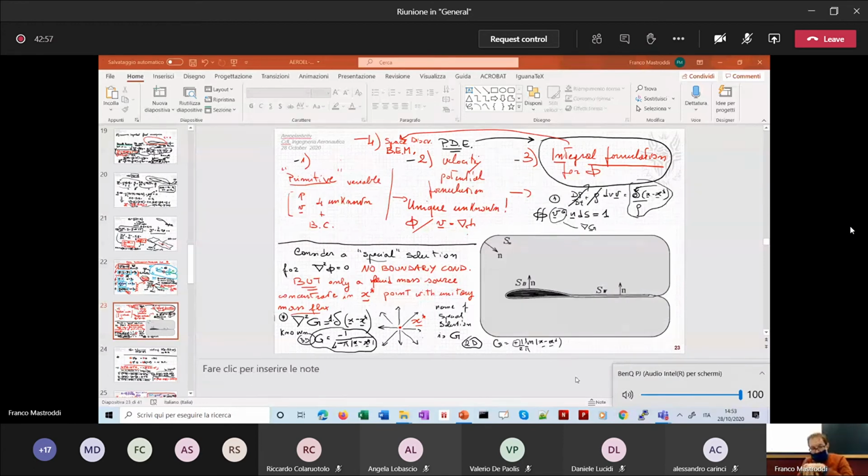And this is one of the motivations for preferring this boundary approach with respect to the original differential one. This is the motivation of steps 3 and 4: reformulate the problem in an integral form and then discretize the integral.